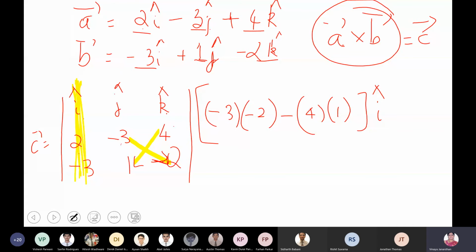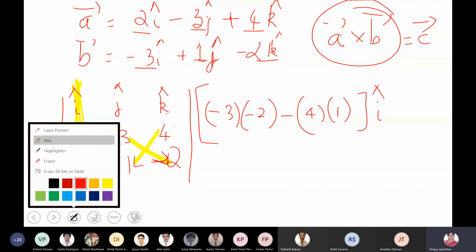That C vector should be expressed in I cap, J cap and K cap. So I have just found the I cap of your C vector. Next, I have to find the coefficient of J cap. Is the coefficient of I cap clear? Is that clear for all of you? Yes, ma'am.